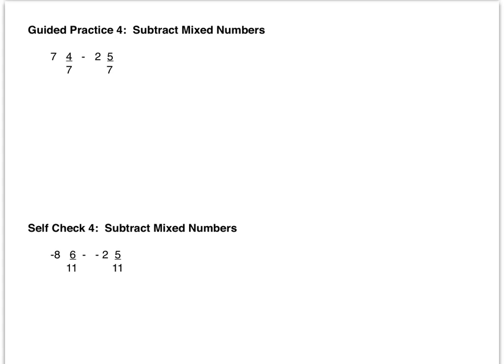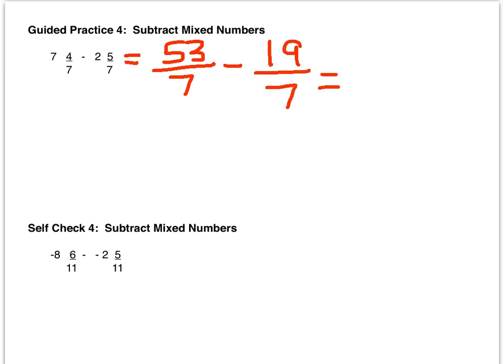Let's try one together. In guided practice 4, we'll subtract mixed numbers. 7 and 4/7 minus 2 and 5/7. First, we'll change them to improper fractions: 7 times 7 is 49, plus 4 is 53, over 7, minus 7 times 2 is 14, plus 5 is 19, over 7. Then we'll subtract 53 minus 19, and you get 34 over 7.